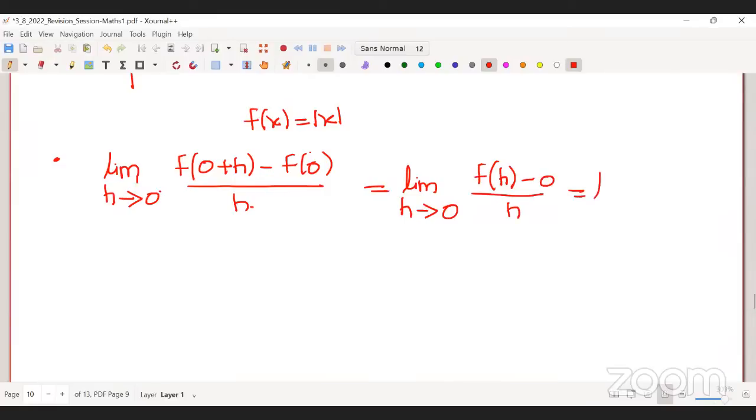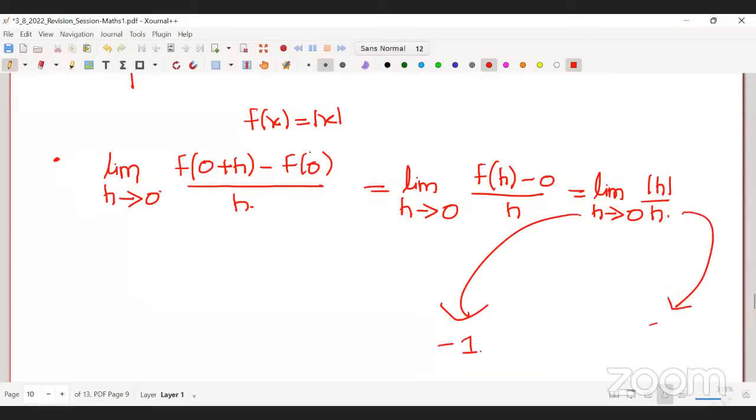This is nothing but the limit as h tends to 0 of mod h by h. If you compute the left hand limit, you will get -1. If you compute the right hand limit, you will get 1. That means this limit doesn't exist, and since this limit doesn't exist, this function is not differentiable at x equal to 0.